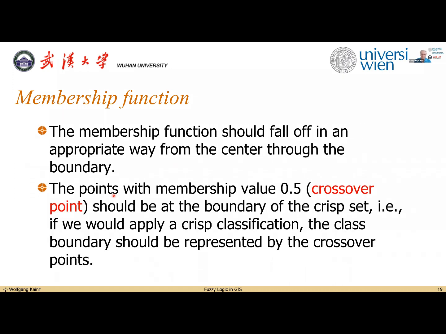Another condition is that the membership values should fall off from the center in an appropriate way through the boundary.